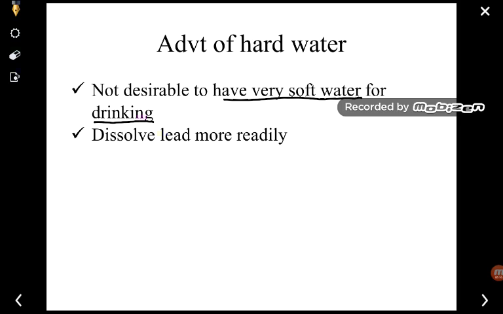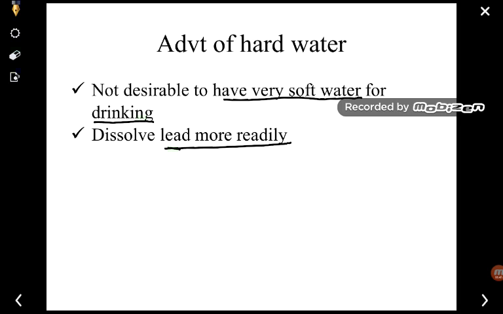Next, one more thing is that soft water normally dissolves lead more readily than hard water, and hence there is less chance of lead poisoning with hard water.